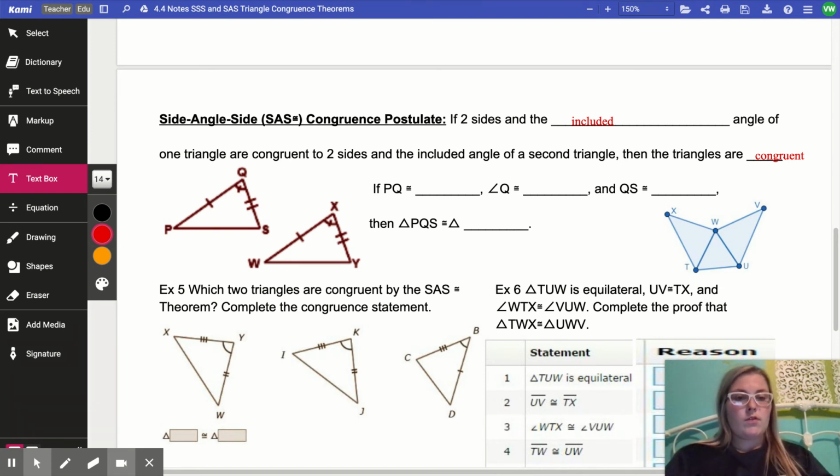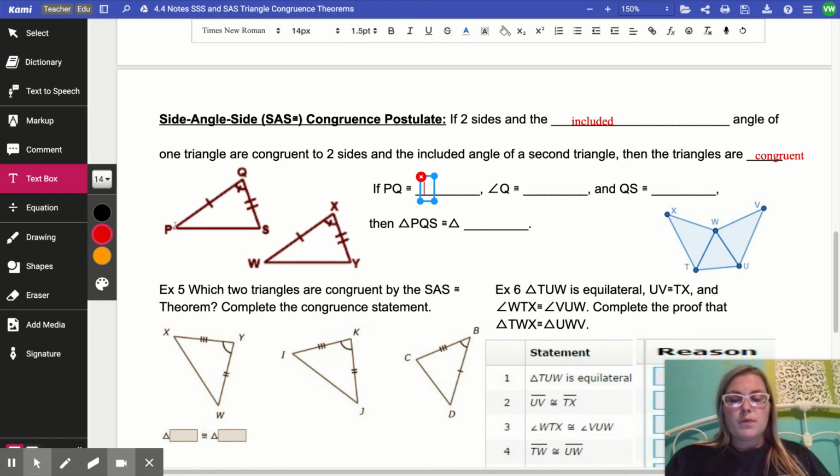So if you have two triangles and these two sides are congruent and the included angle between the two sides, then the two triangles will be congruent. Looking at our picture, PQ has one tick mark and WX has one tick mark, so PQ will be congruent to WX.